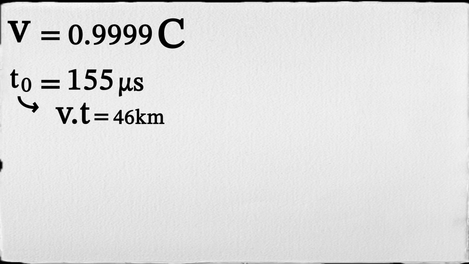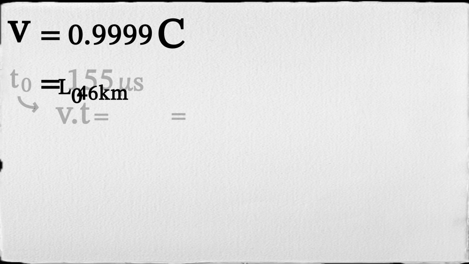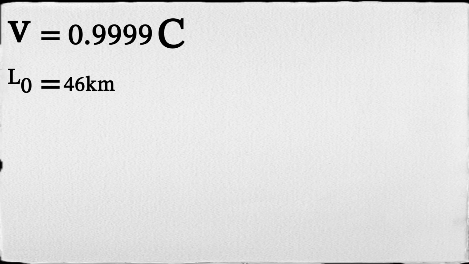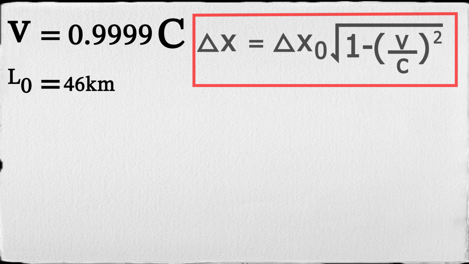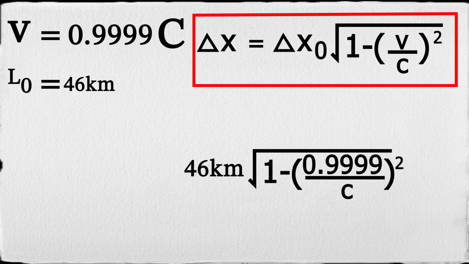The proper length here is 46 kilometers. That's the distance we, as the stationary frame of reference, see the muons travel. Given the information we have from both perspectives, we can put them into the equation and figure out how far the distance was from the muons' perspective.